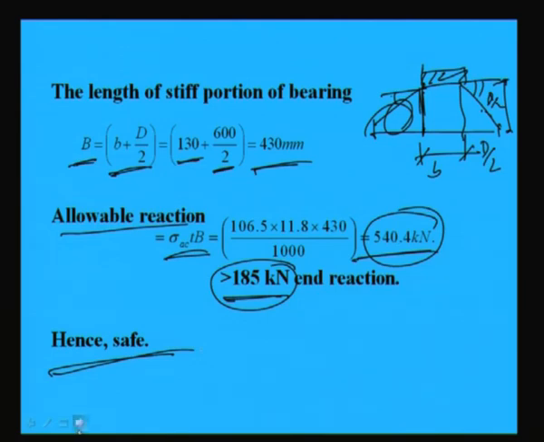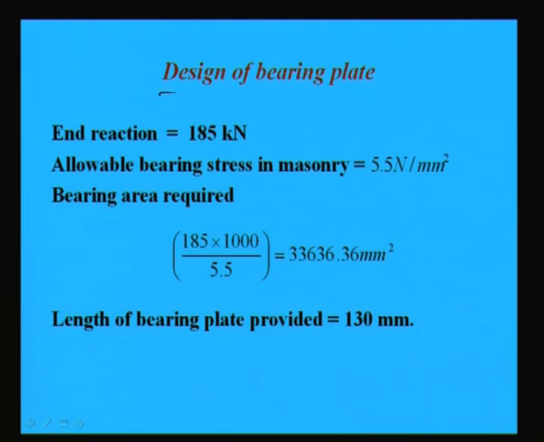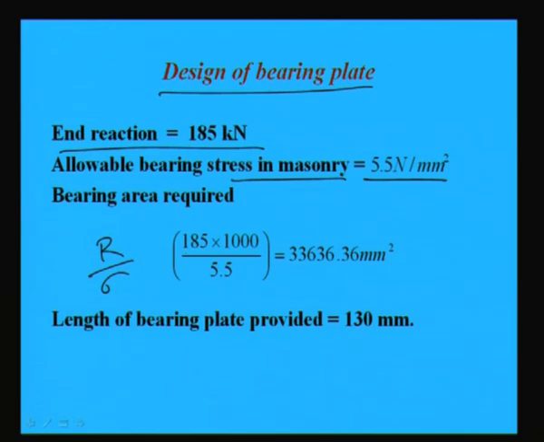Now, what else will we do? We will design the bearing plate. For designing the bearing plate, we know the end reaction is 185 and the bearing stress in masonry has been assumed as 5.5. So the bearing area required will be R by sigma, where R is the reaction force 185 kilonewton and the allowable bearing stress is 5.5.